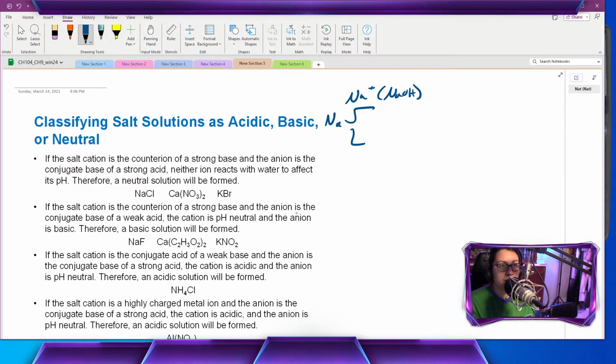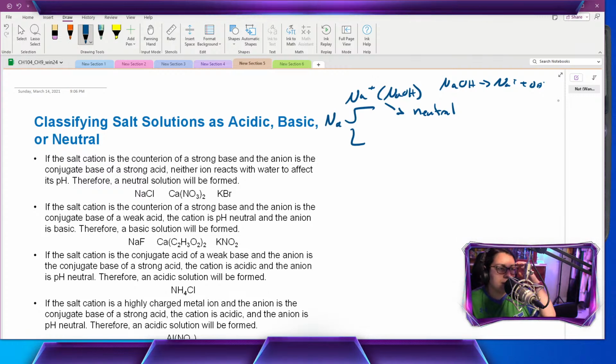So the answer is yes, it comes from a strong base. And what that is telling us, so it goes back to that statement. So now we're saying the equilibrium lies all the way to the right, so it's not going to reform, right? So sodium is not going to reform our sodium hydroxide in solution. It's always dissociated. And so that means that sodium is neutral if it comes from a strong base.